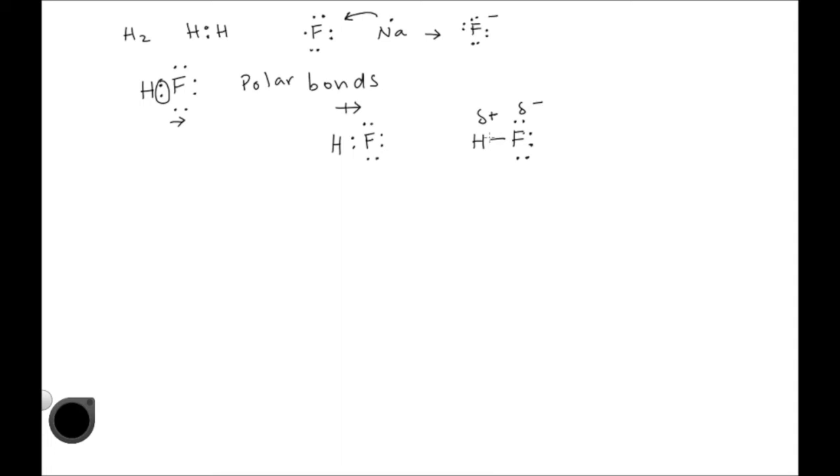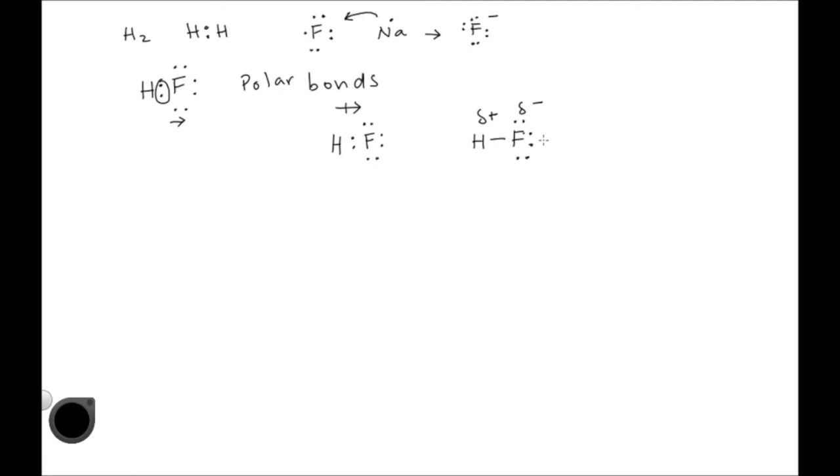And so the dipole moment measures the polarity of the bond. In other words, it measures how unevenly the electrons are shared in a bond. Molecules containing two atoms of different elements have unequal sharing of electrons, and therefore are polar bonds, and thus have dipole moments.